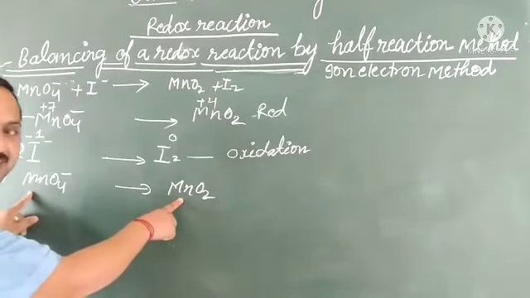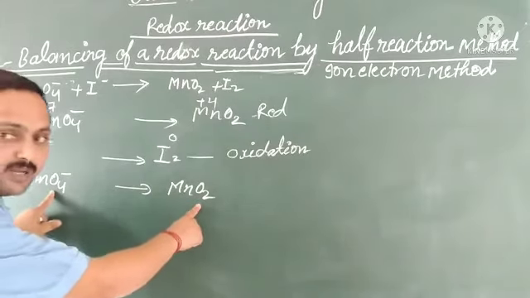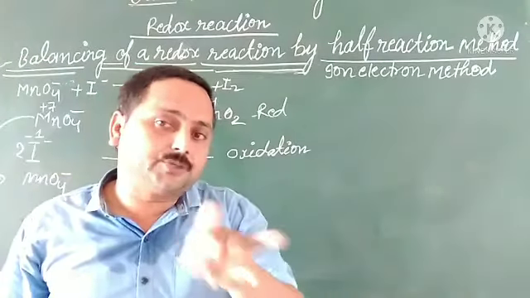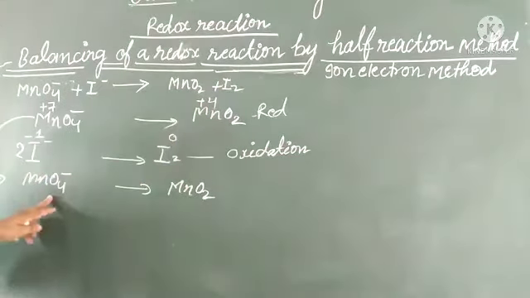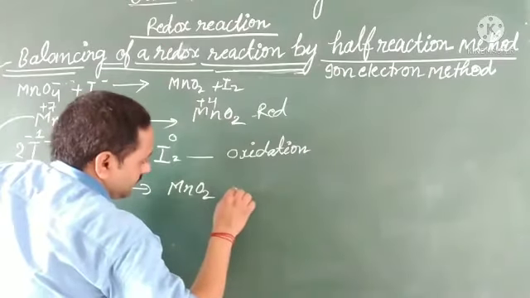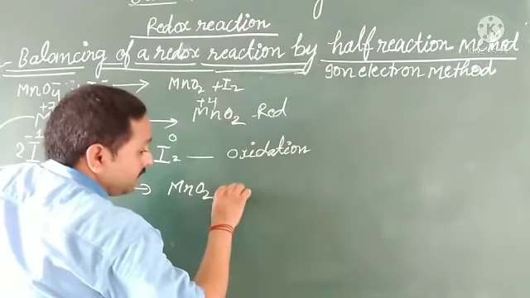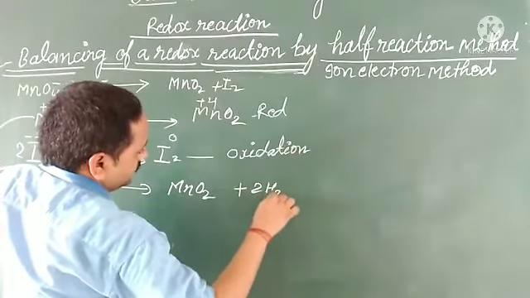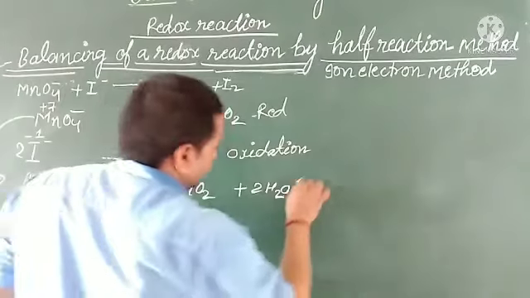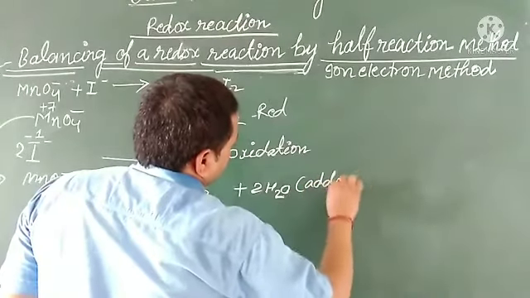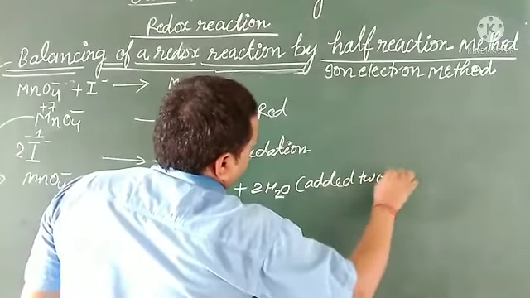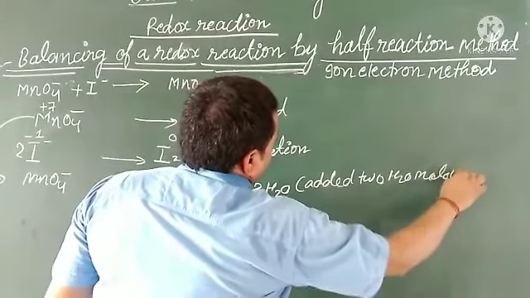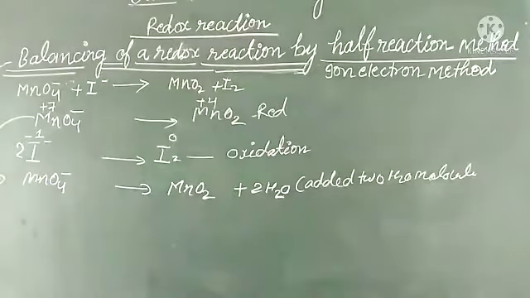So what I told, to balance oxygen we add H2O. Two oxygens are more on this side, so we will add 2 H2O molecules.